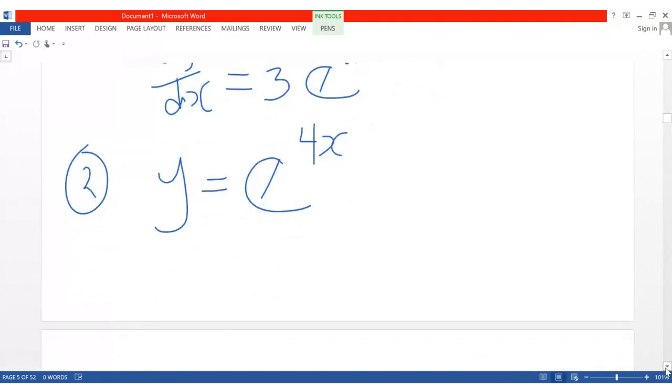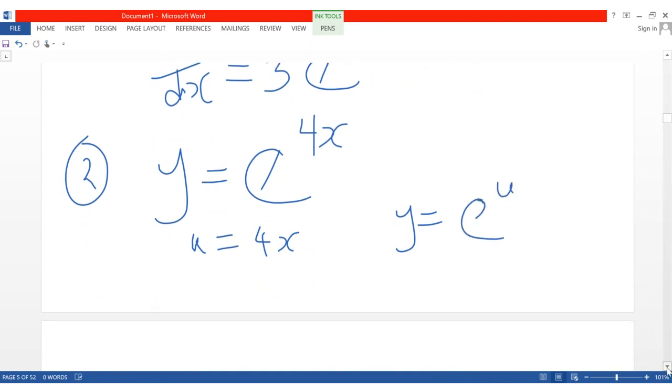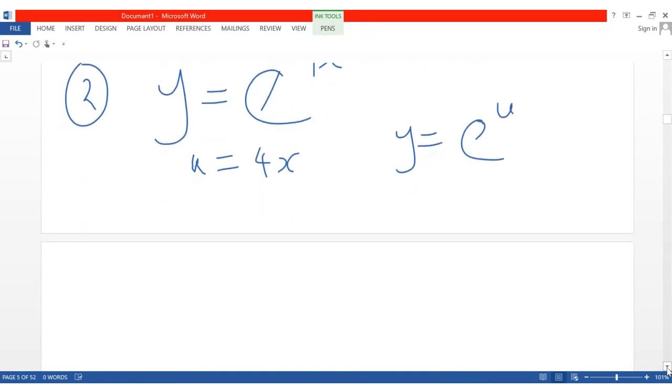So u will be given by 4x, and then y will be given by exponential u. So here I'll get du/dx is 4.